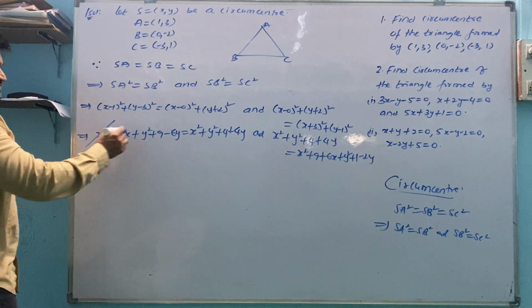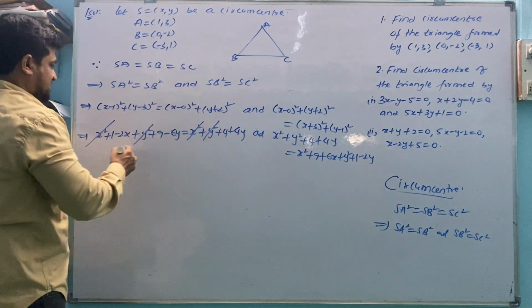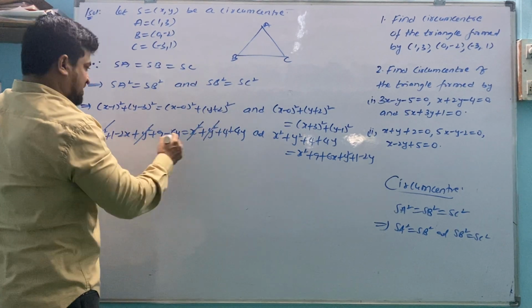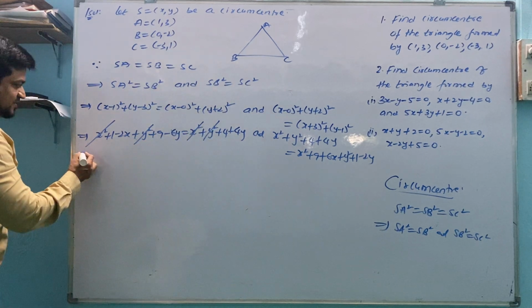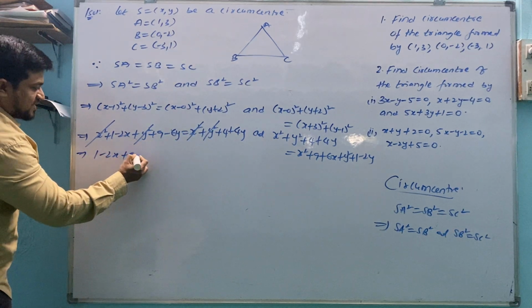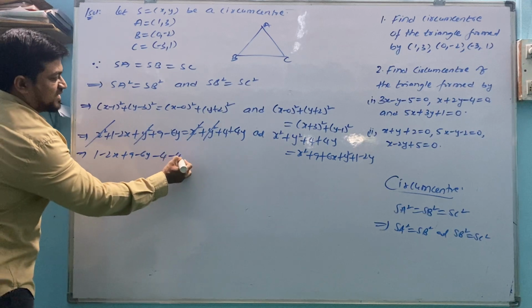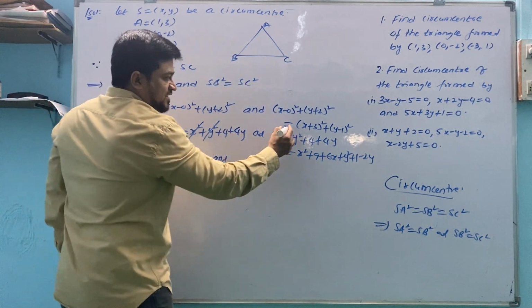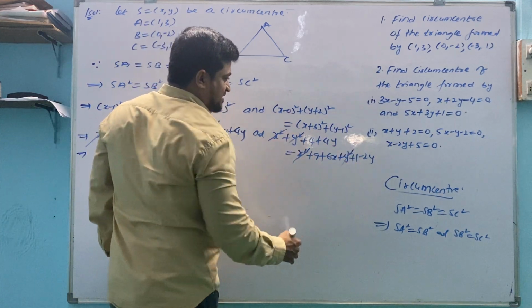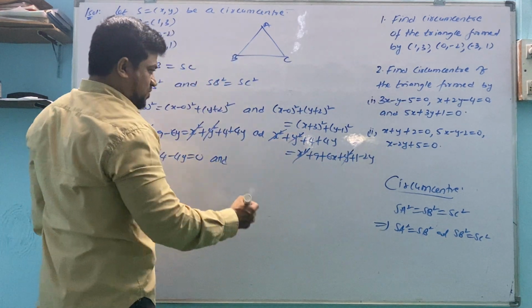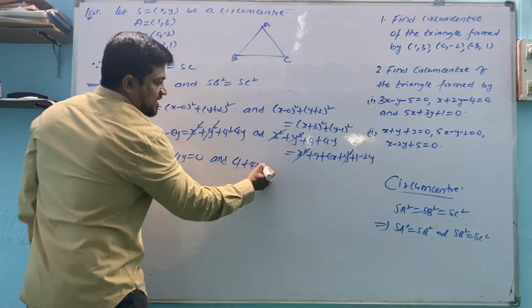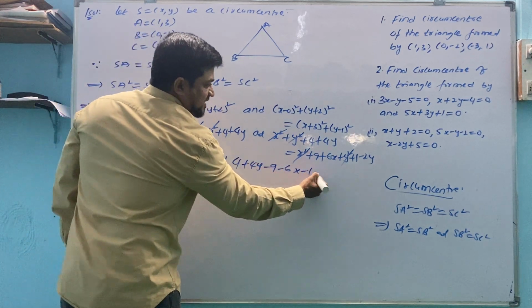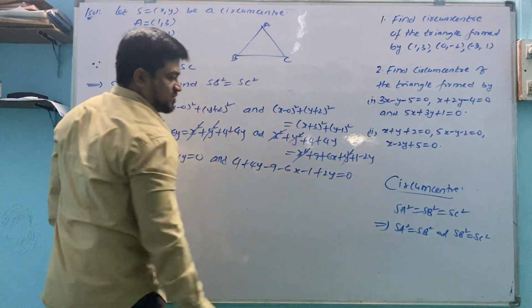Opposite side, same values get cancelled. So 9, 4 is there, nothing. We have to write the remaining things: 1 minus 2x plus 9 minus 6y minus 4 minus 4y. These two terms we take to the left side, and x square, y square cancel. Anything else which is equal? No. 4 plus 4y minus 9 minus 6x minus 1 plus 2y equals 0.